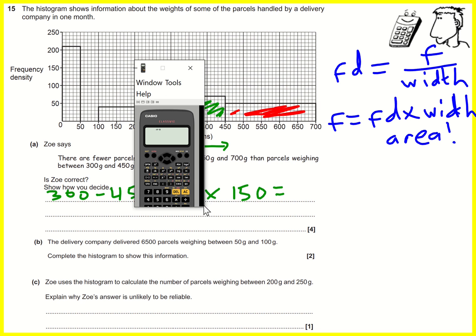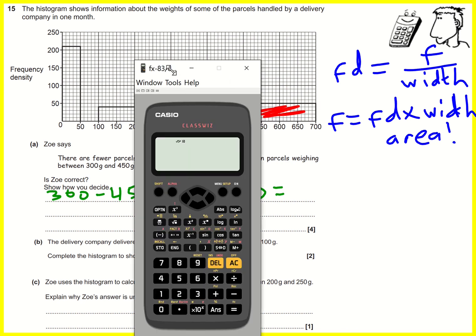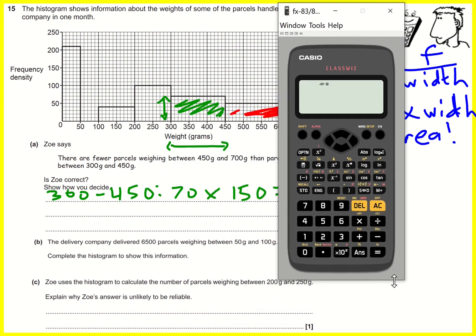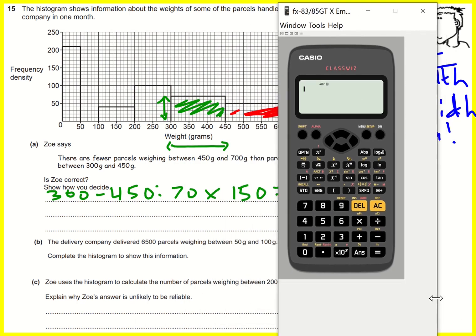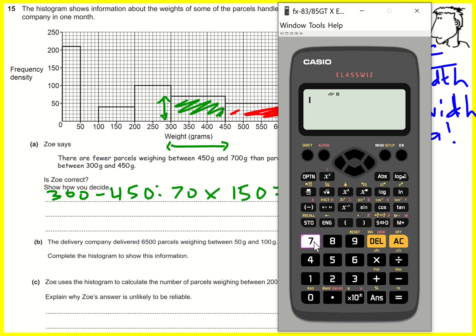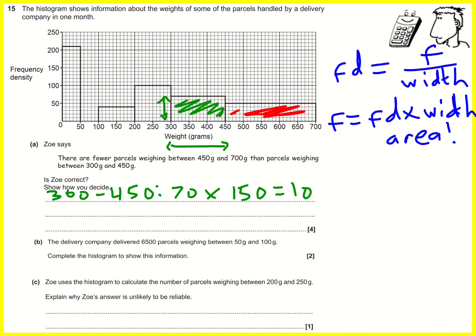Sorry, I didn't quite have my calculator ready. Okay, and I get 10,500. For 450 to 700, I've got a height of 50, frequency density, and now the width is 250.